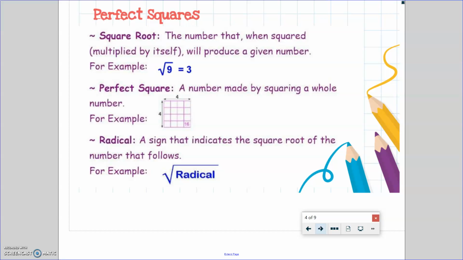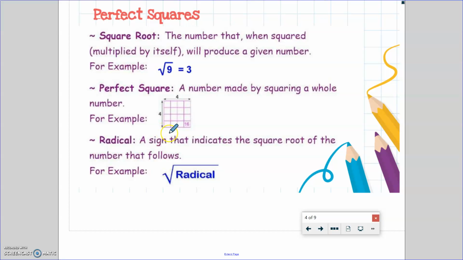So essentially, the square root is the inverse operation to squaring a number. Just like multiplication is the inverse, or opposite, to division, the square root is the opposite of squaring.